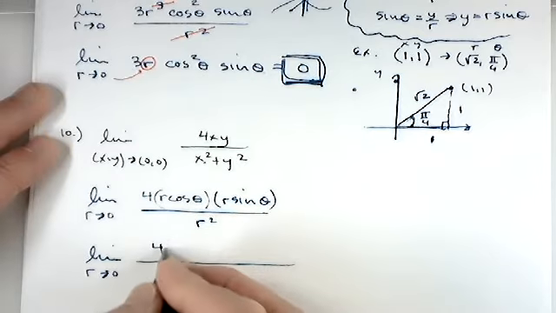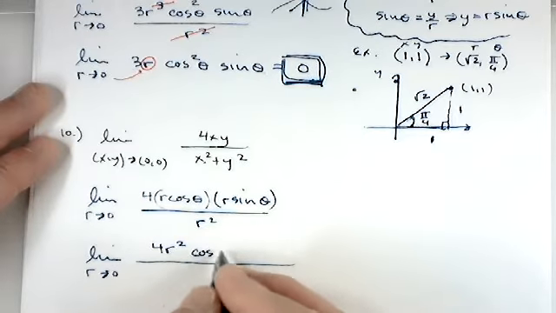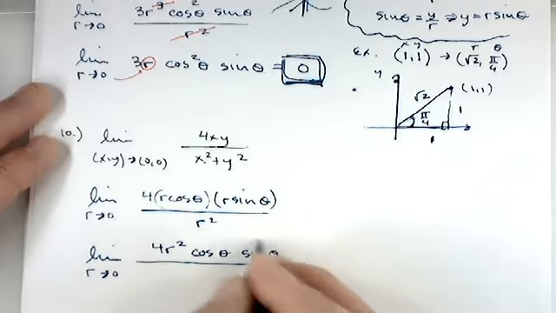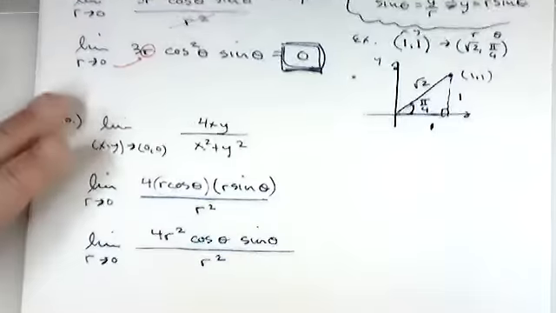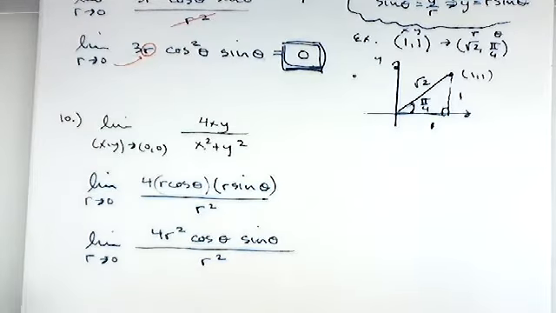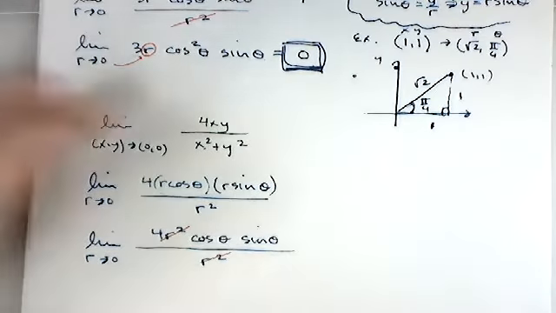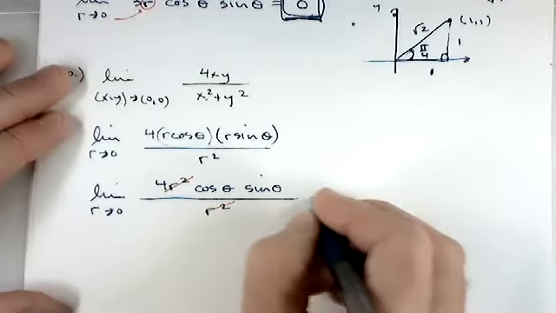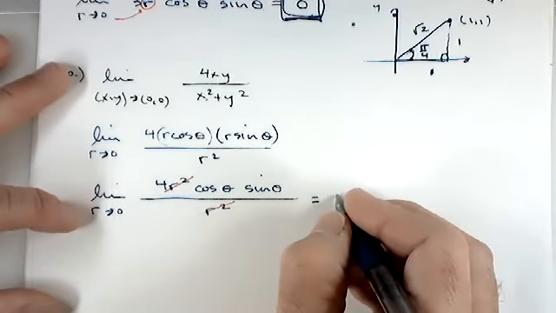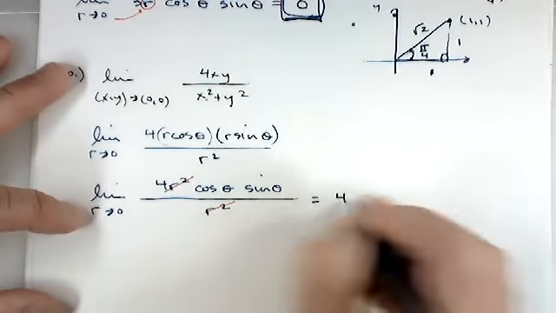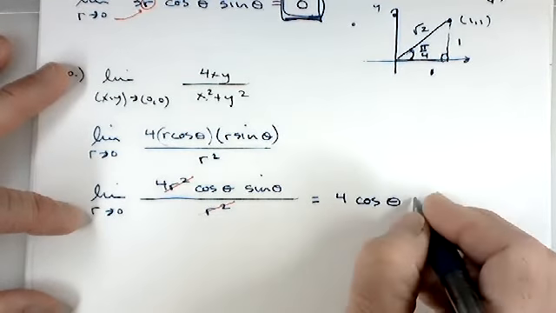I'm going to get 4r squared cosine theta sine theta over r squared. The difference here is my r squareds cancel completely, and I don't have any place to plug in r equals 0, so my limit is 4 cosine theta sine theta.